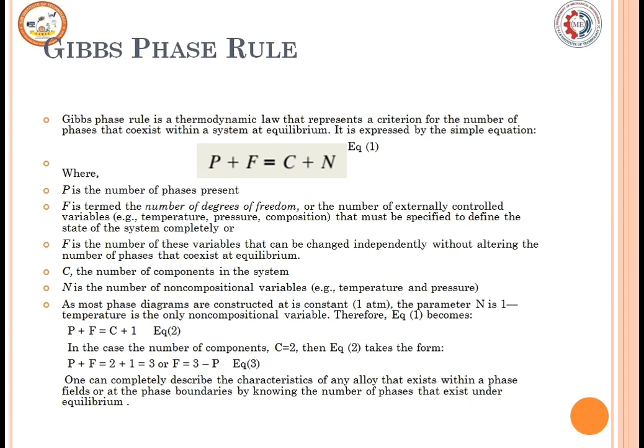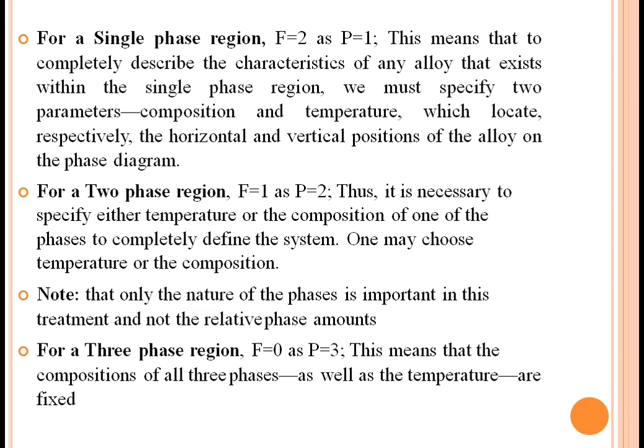Based on the values we can tell whether it is a single phase, two phase or three phase. If F is equal to 2 and P is equal to 1, that is a single phase region. If F is equal to 1 and P is equal to 2, then it is a two phase region. If F is equal to 0 and P is equal to 3, that is a three phase region. So the P value indicates the phase region: P equal to 1 means single phase, P equal to 2 means two phase, P equal to 3 means three phase.